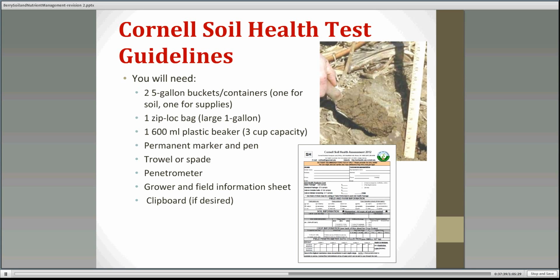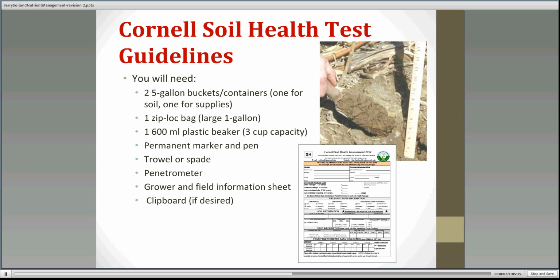You want a large 1-gallon Ziploc bag to put all of the soil sample in at the end of the gathering. You'll want a 600 ml plastic beaker, a 3-cup capacity. You'll want a permanent marker and pen. I use a trowel or a spade, and I actually use a larger kind of a tree spade type thing, and that helps a lot to gather that soil.